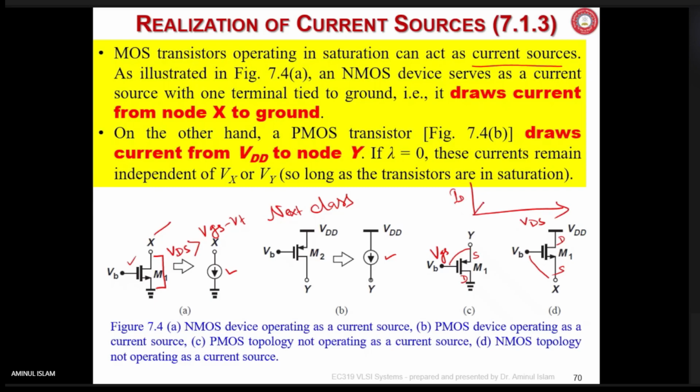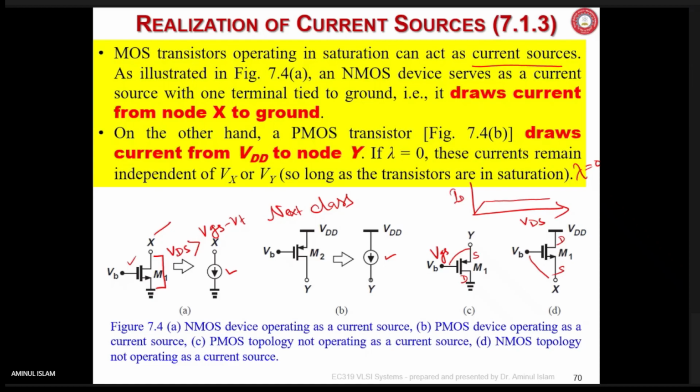Initially with small VDS it is linear, and afterwards it is like this. If lambda equals 0, it means channel length modulation is neglected, and that can be neglected if your device is a very long channel device.